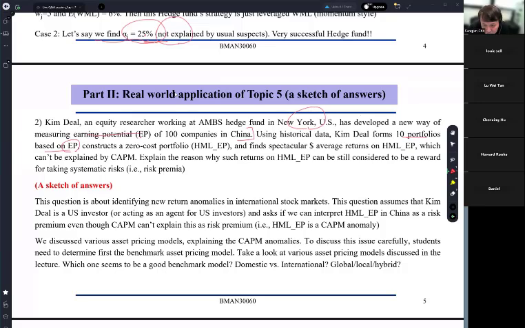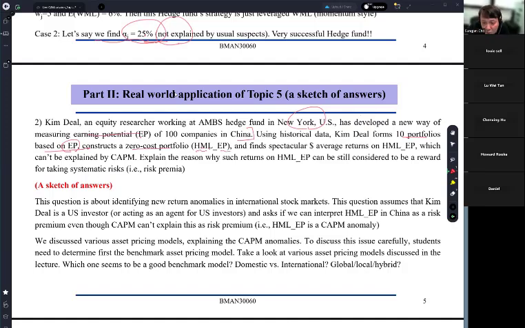So we first computed, for example, 5 portfolios based on size. Here, he formed 10 portfolios based on earning potential and constructed a zero cost portfolio, which means buying a group of firms and short selling a group of firms, right? Ranking based on the EP. And this one means high minus low based on earning potential.